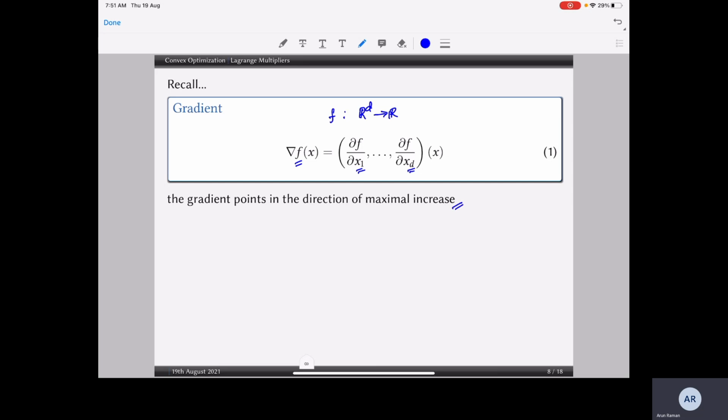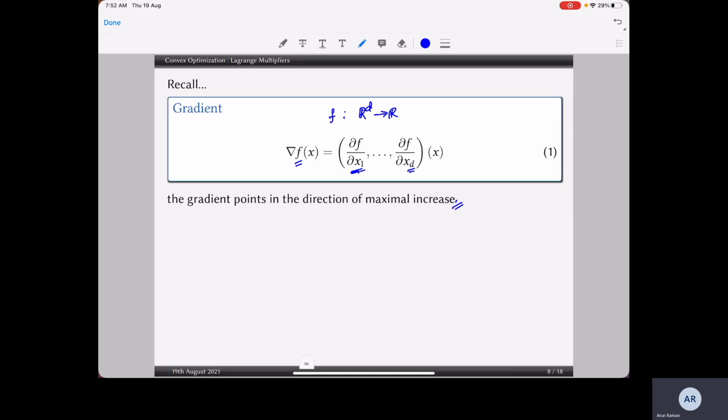We will shortly see why this is important and why it makes sense. But before that, let us see what the gradient actually means. What we are doing here is that ∂f/∂x1 basically tells what happens to f if I change x1 by just a small amount. The second entry, ∂f/∂x2, tells us what happens to the function f if I change x2 by a small amount.